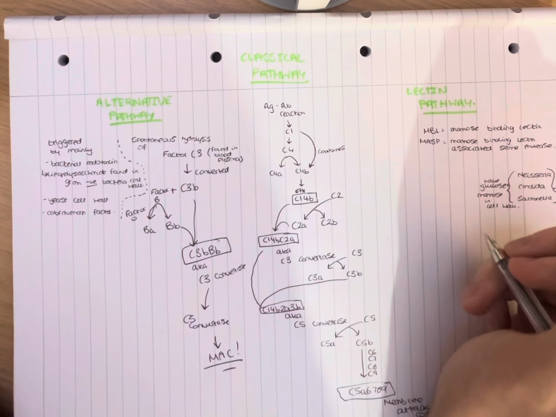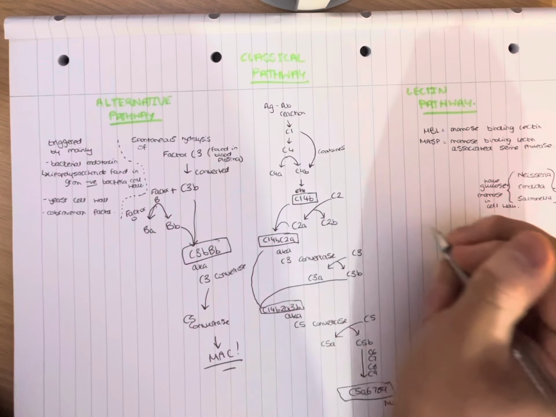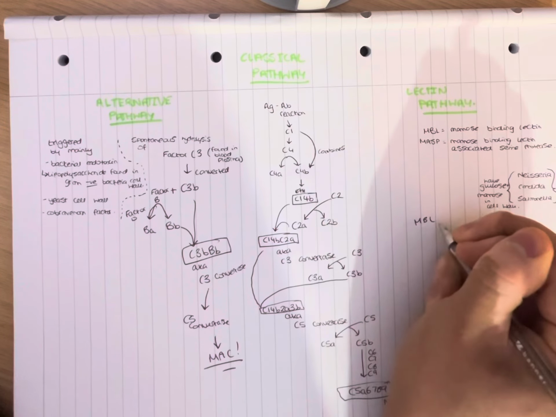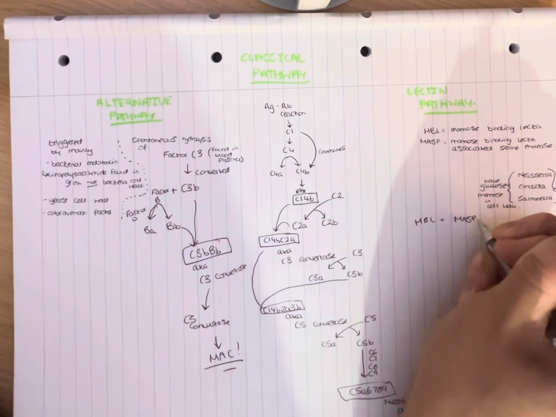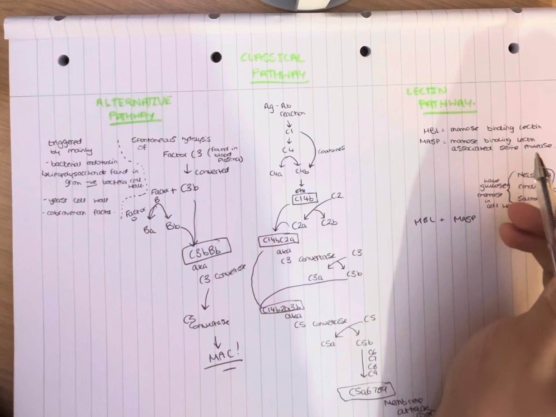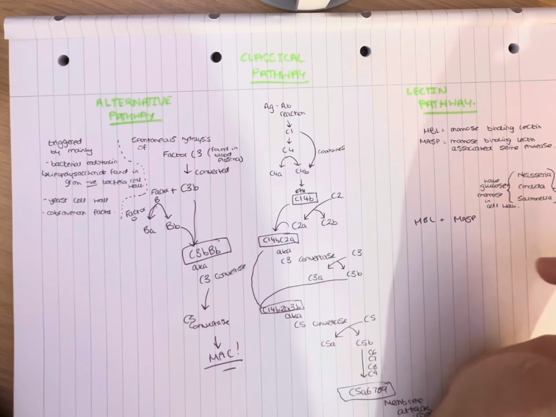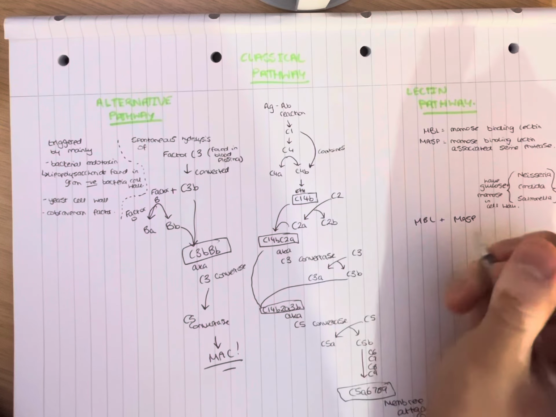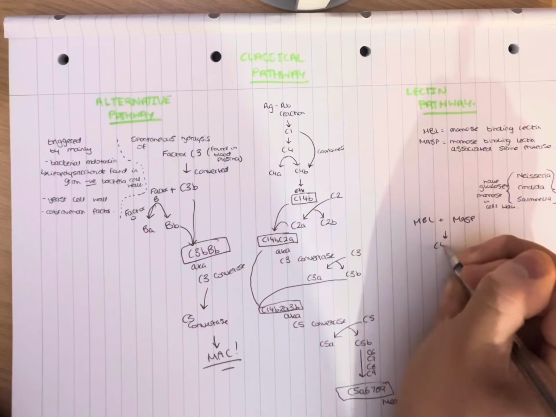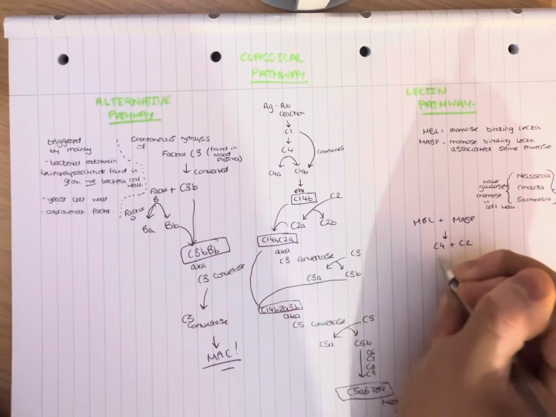So basically what would happen is the MBL, which is released, would then combine with MASP, which is a mannose binding lectin associated serine protease, and then this would act on C4 and C2.